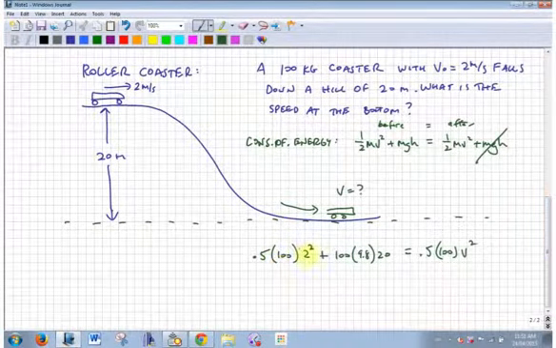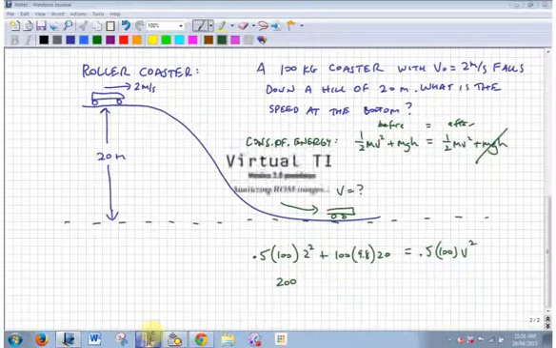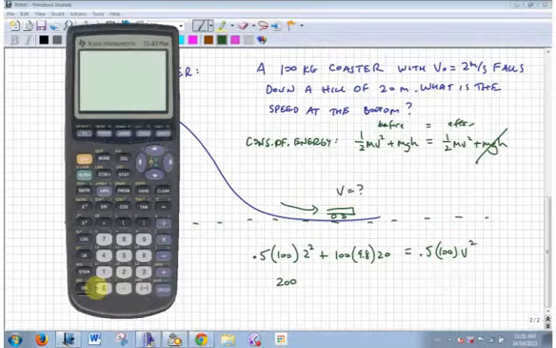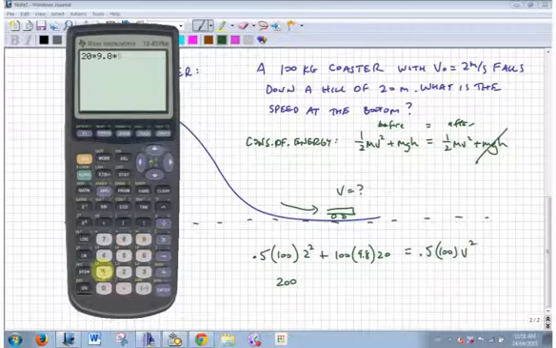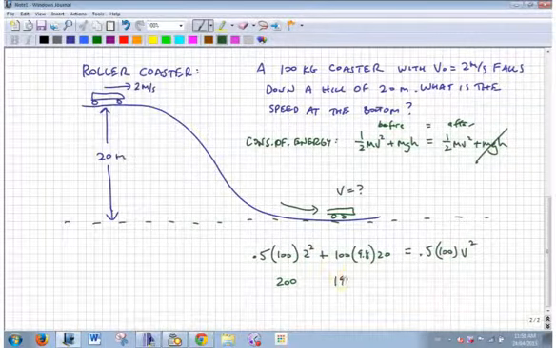Okay, 50 times 4 is 200, and that's too big for my head. 19,600 is 50 v squared.